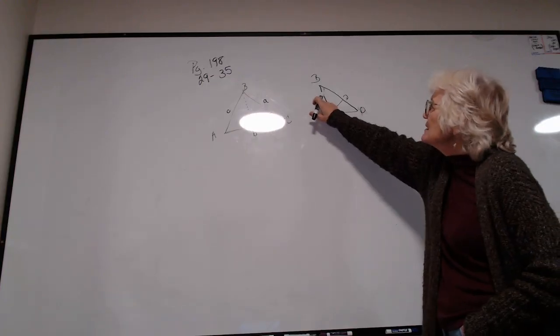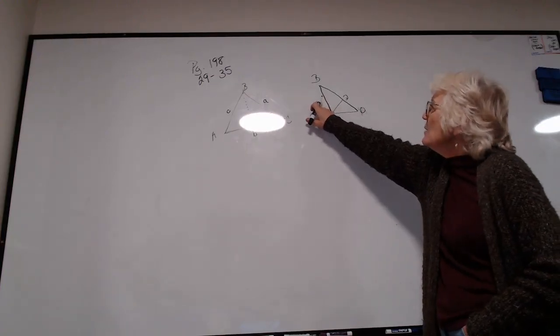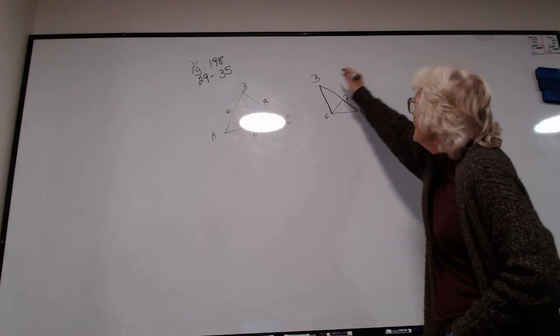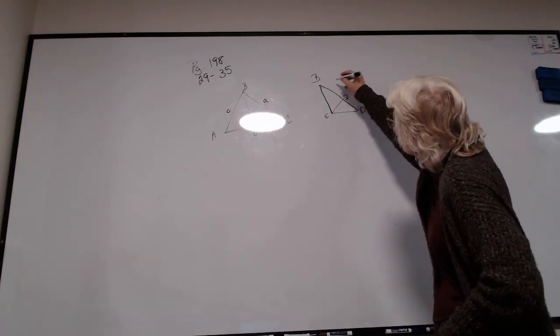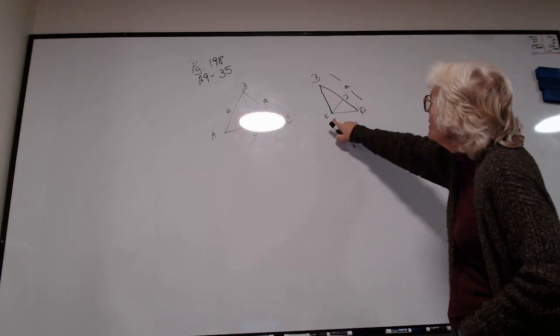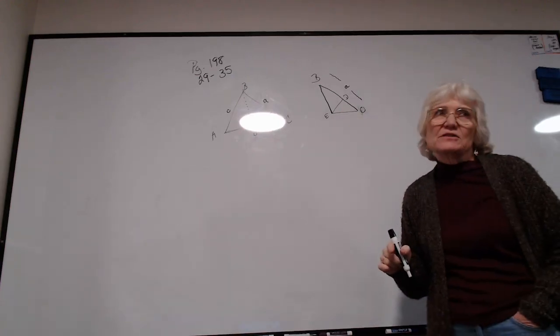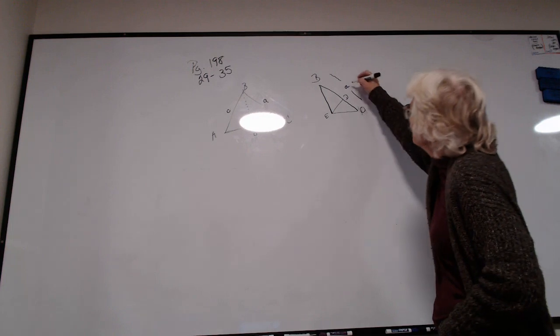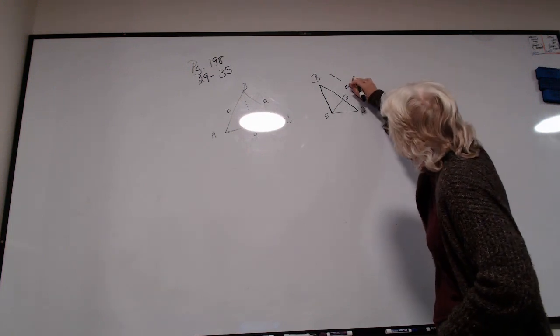We don't have C fully, but we do have this one right here. So I'm going to still label that as A, although it is also across from E.